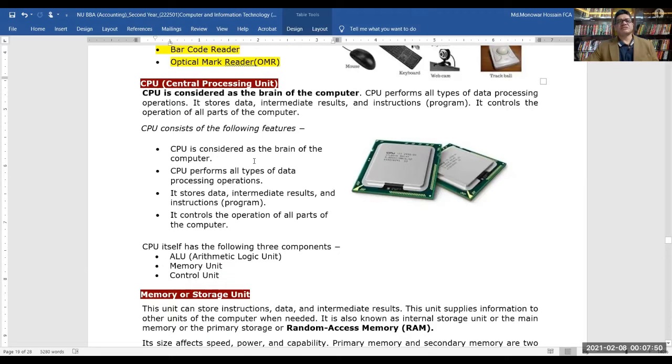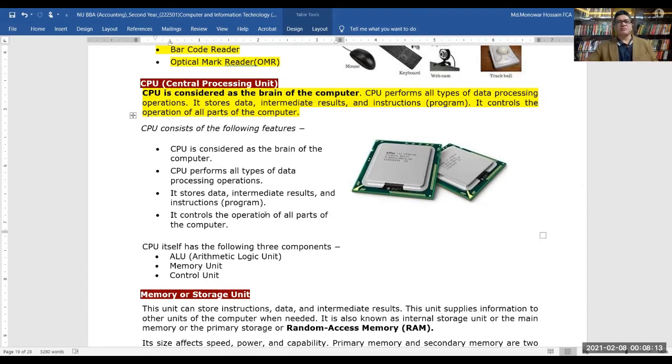CPU means Central Processing Unit. CPU is considered the brain of the computer. CPU performs all types of data processing operations. It stores data, intermediate results, and instructions and programs.